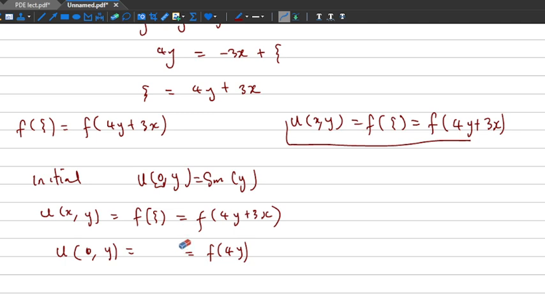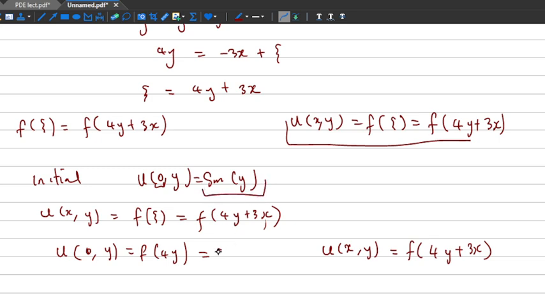Okay, let me just remove this part so that it's less confusing. So where there is x we put 0, so it should be f of 4y. Okay, so now remember we have u of x comma y equals f of 4y plus 3x. This is what we have. And here f of 4y is equal to what? Sine y.